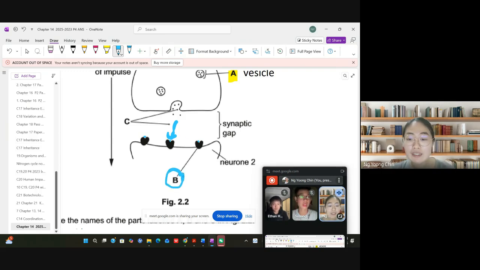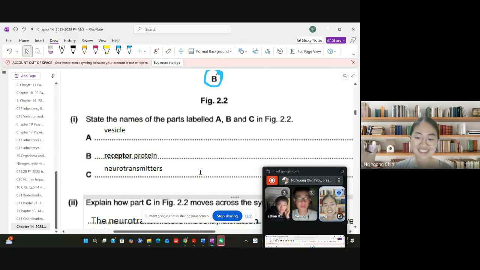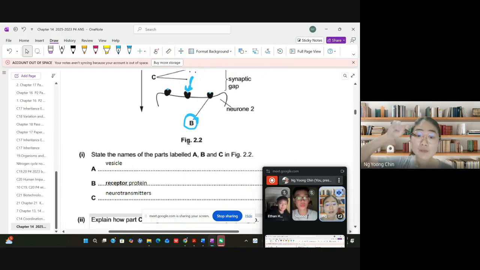Now, tell me what is number B? What's the name of this structure on the post-synaptic neuron? Do you want to have a guess? The B? It's the receptor protein. As simple as that. Just remember the structures and then you should know how to answer it. Remember, receptor proteins.